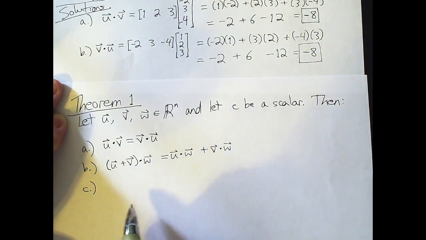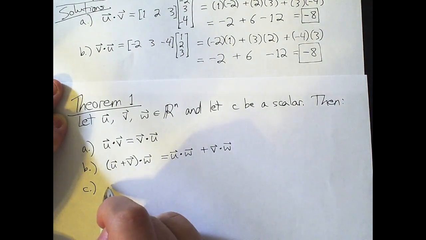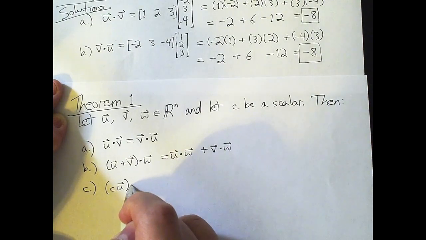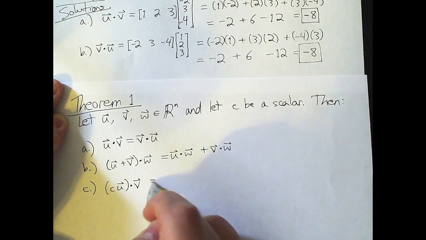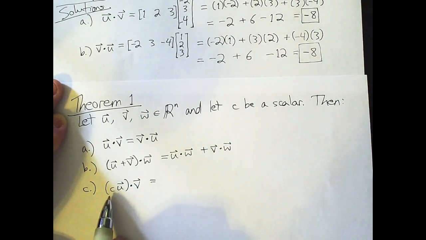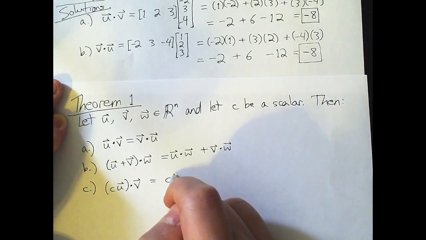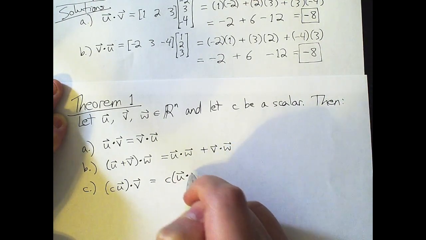Property C is going to have the scalar involved, and it says that if you have a scalar times u, and then you do dot v, so you do what's in parentheses first, you scale u, and then you do dot v, that is the same as doing c times (u dot v).